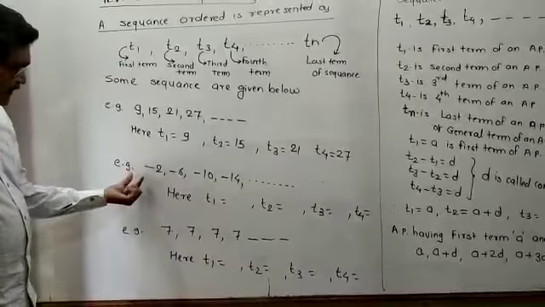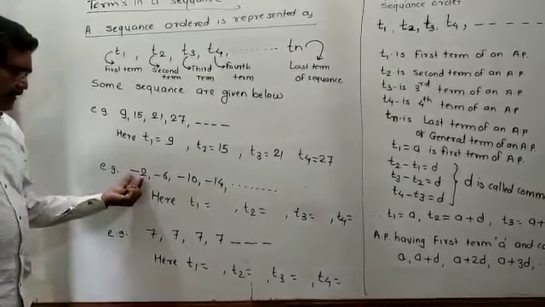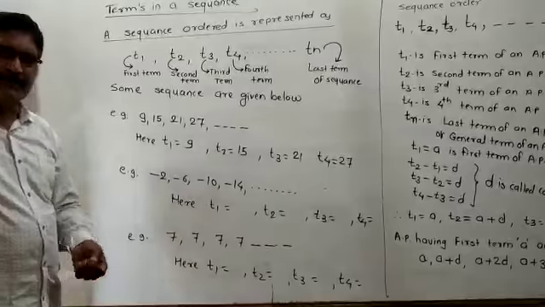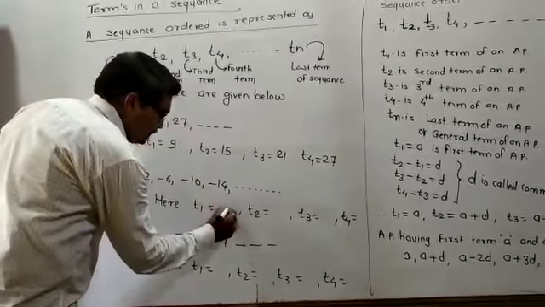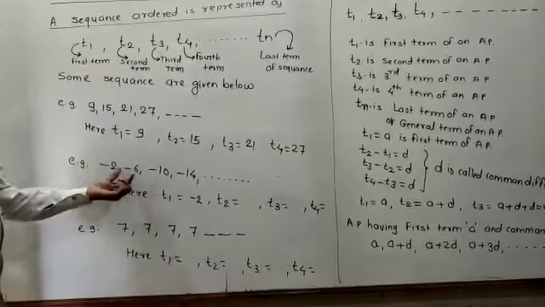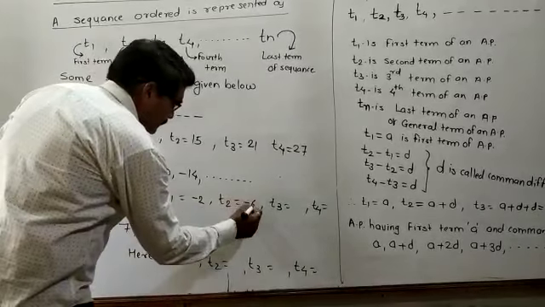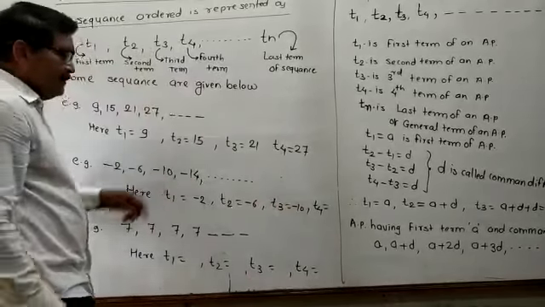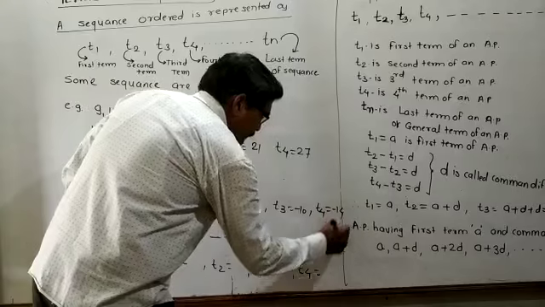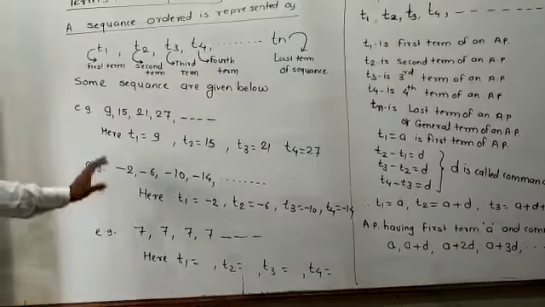Next example: -2, -6, -10 and -14. The first term, T1, is -2. The second term is -6. The third term is -10. And the fourth term is -14. Everybody understand?